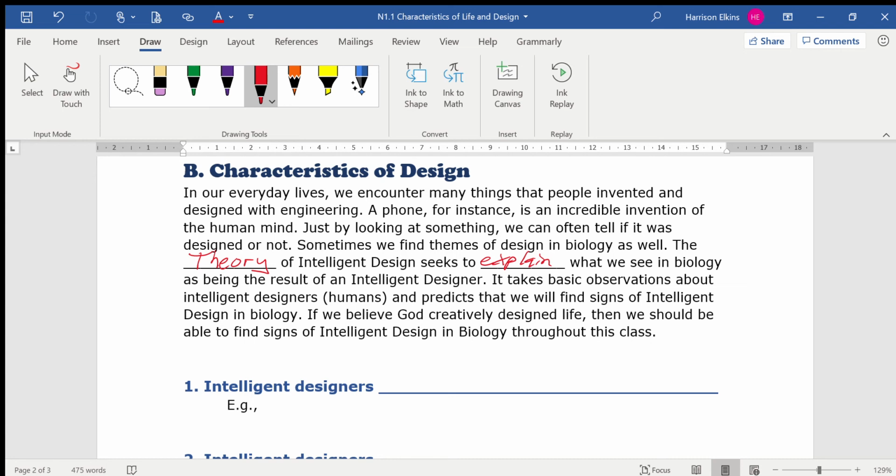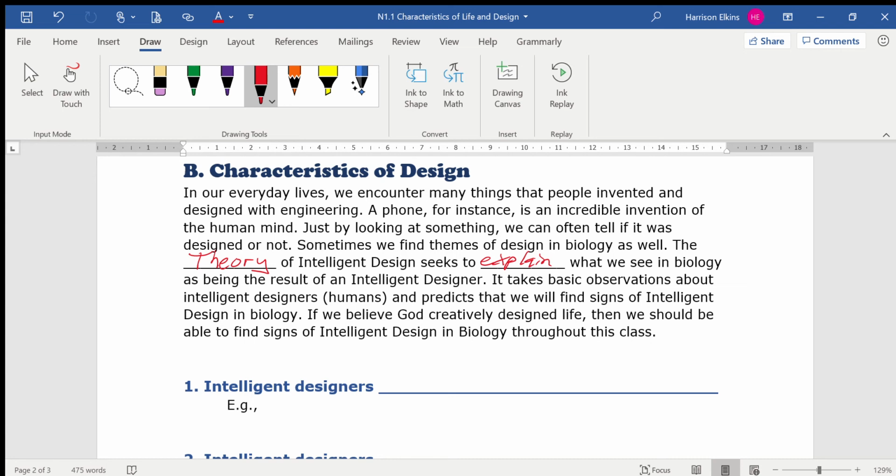You can probably already see where I'm going with this. As someone who believes that God created life, we should be able to see signs that he created things, right? Did everything evolve by complete random chance, or was there a God who actually designed all the living things that we're going to be studying?